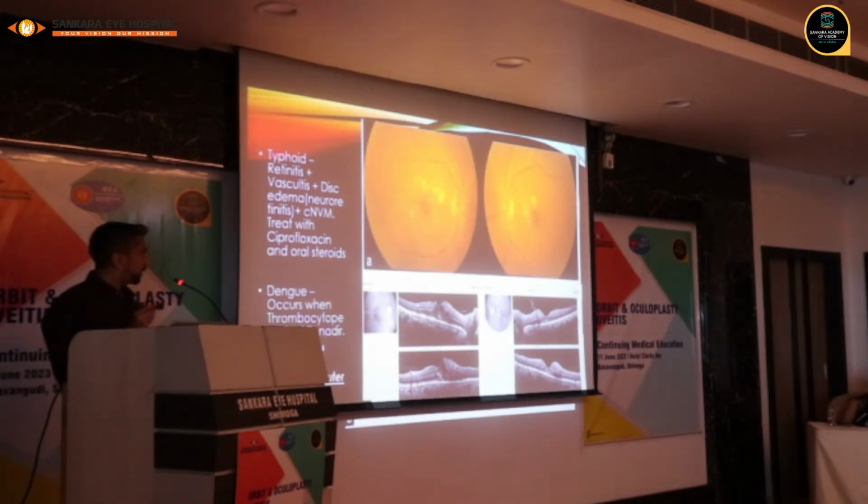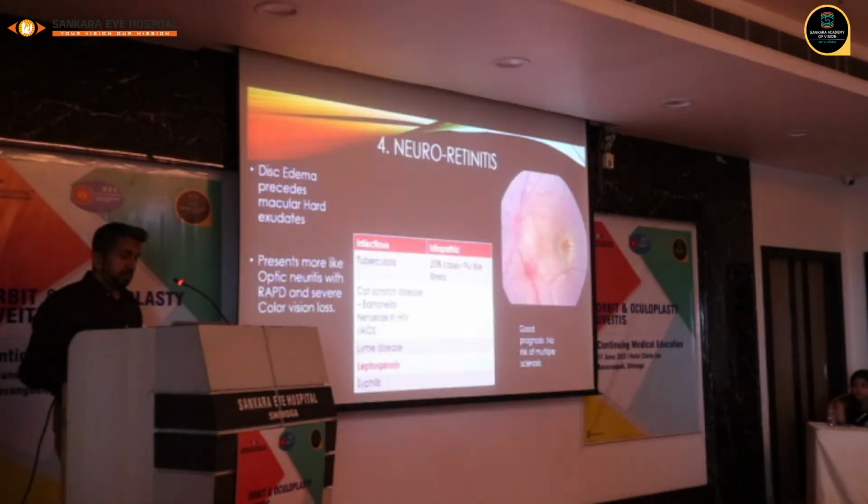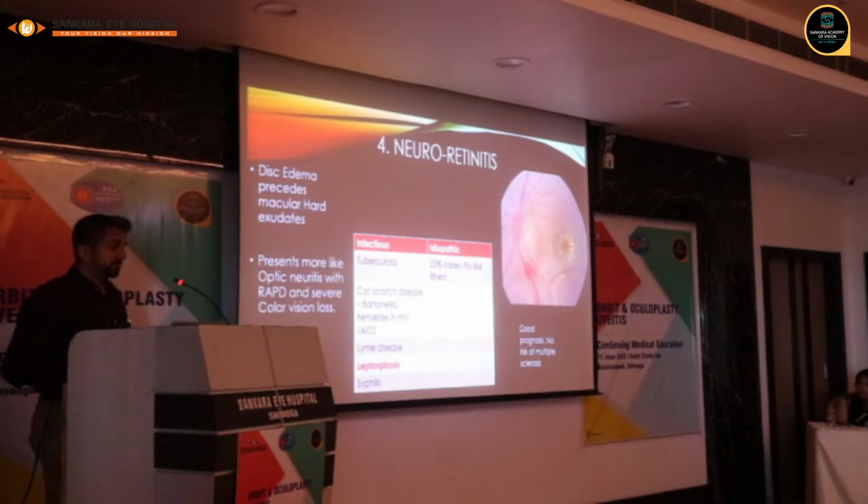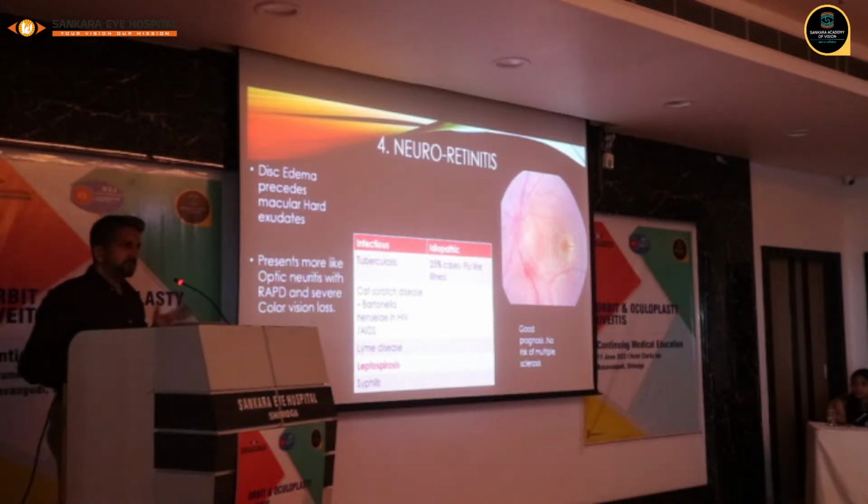In dengue, what I found from looking up online is you will find something called foveolitis, which is a subfoveal outer retinal lesion. It's seen in dengue. So another important thing I would like to stress upon is neuroretinitis. Now most of the times the terms neuroretinitis and post-fever retinitis are used almost interchangeably.